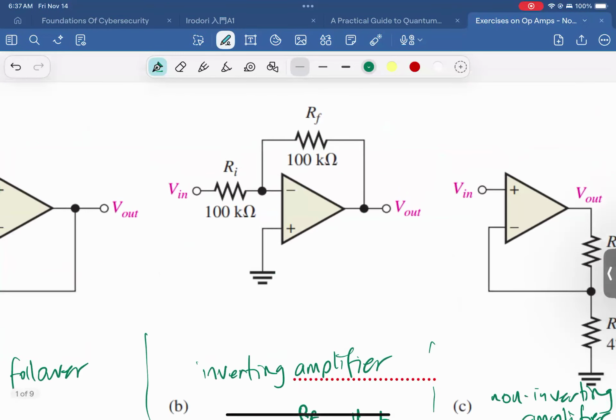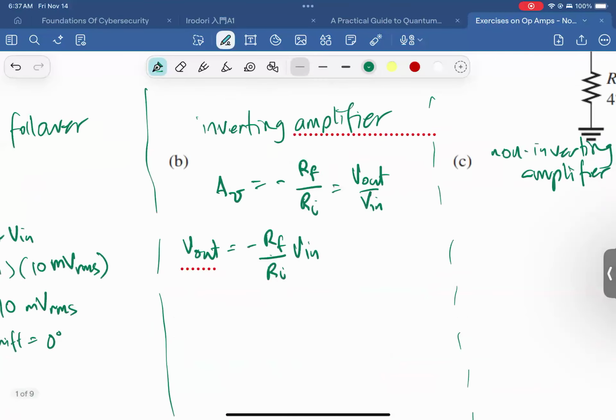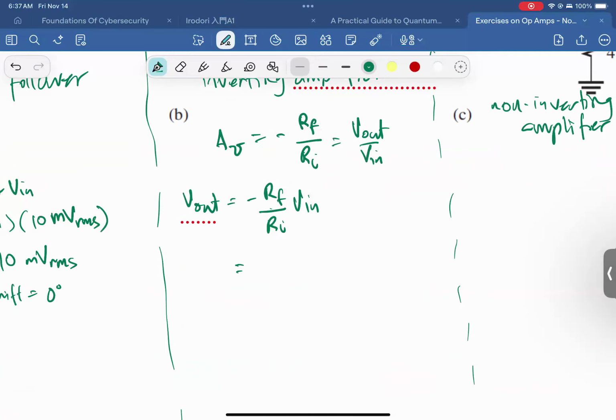Ngayon, ang feedback resistance dito is 100 kilo ohms at yung input resistance ay 100 kilo ohms. So this is negative 100 kilo ohms divided by 100 kilo ohms times 10 millivolts RMS. So this is your output.